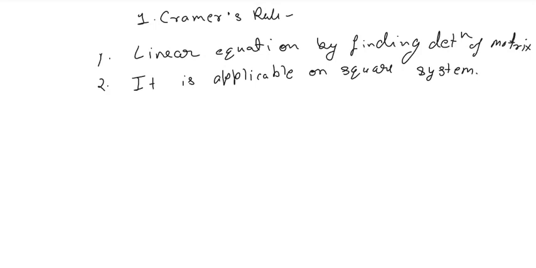And then for a system of equations with n variables, we can construct n plus 1 matrices. We can calculate the coefficient matrix and the original matrix, replacing the columns with constants.